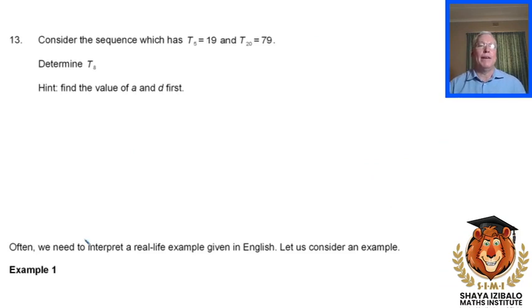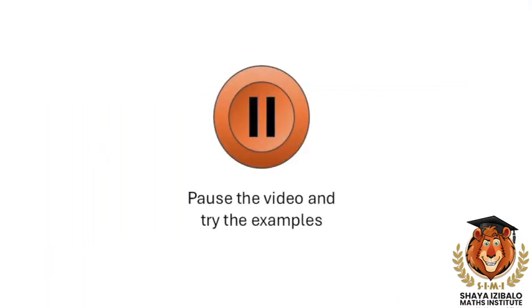Let me tell you what, this one's actually asking us to find T8, but what it is saying is, before you do that, try and work out A and D first. So let's pause the video, try that one together, and then we'll have a look.